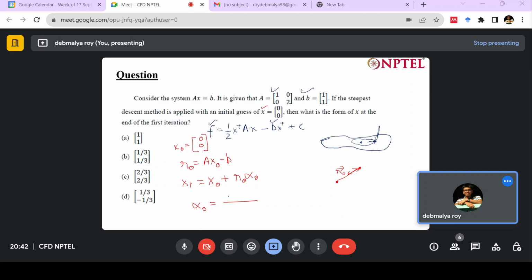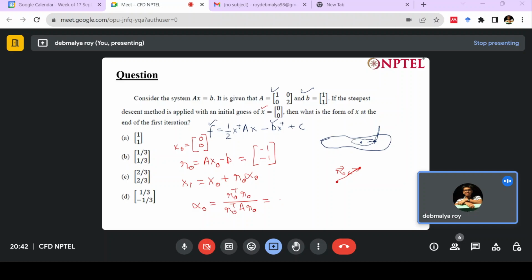expression looks like this: r0 transpose r0 divided by r0 transpose A r0. So this you have to calculate. Let's do that. Let's first calculate r0. r0 is nothing but minus b, because x0 is 0, 0. So this is minus 1, minus 1. r0 we have calculated.